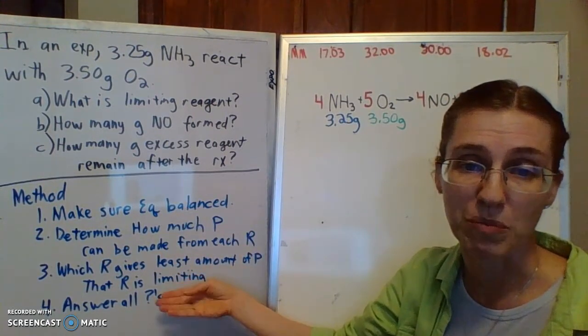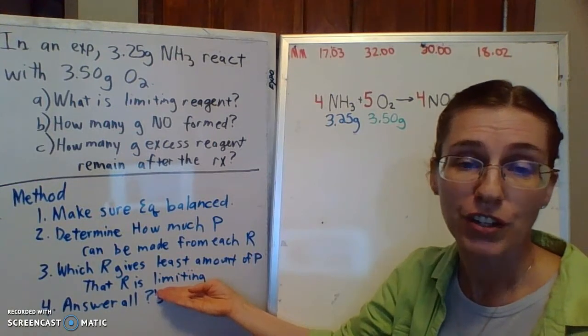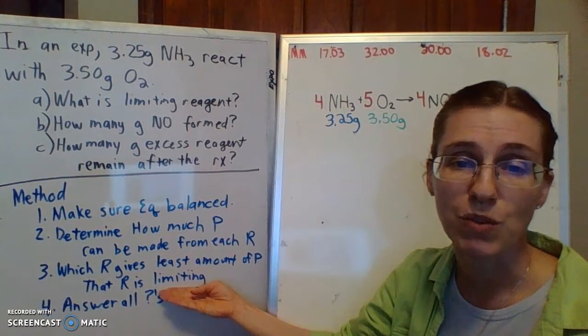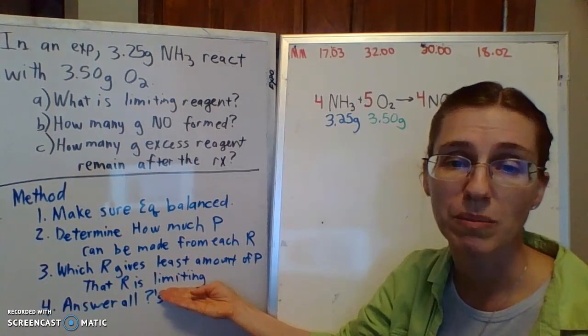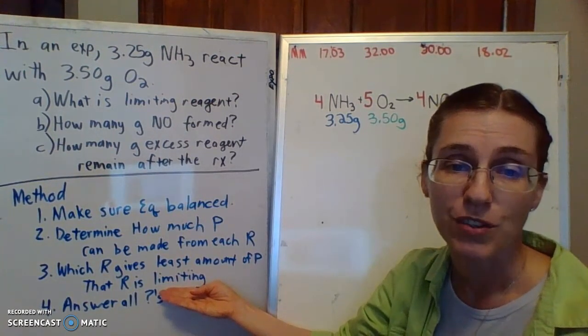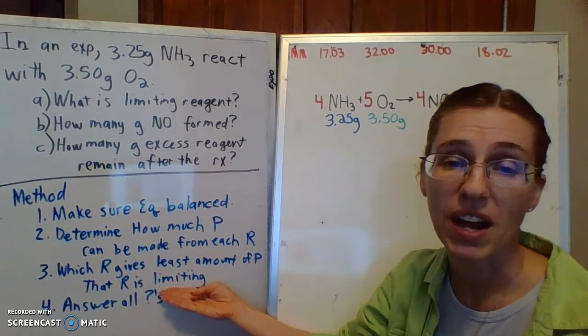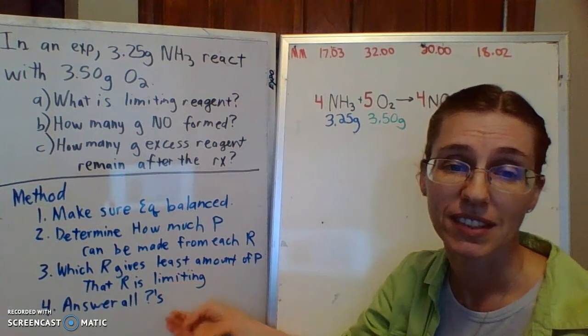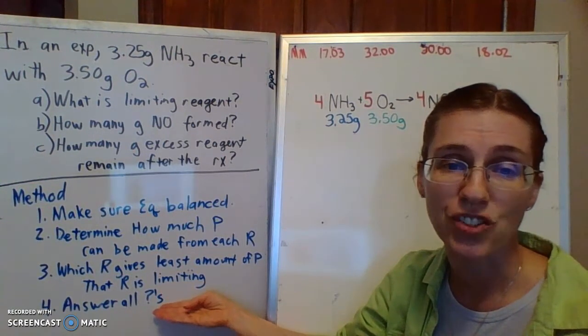You look at the amount of product you get from each reactant and see which one has the lowest amount of product. The reagent that gives you the least amount of product is your limiting reagent because it's going to run out. And then be sure to answer all your questions.